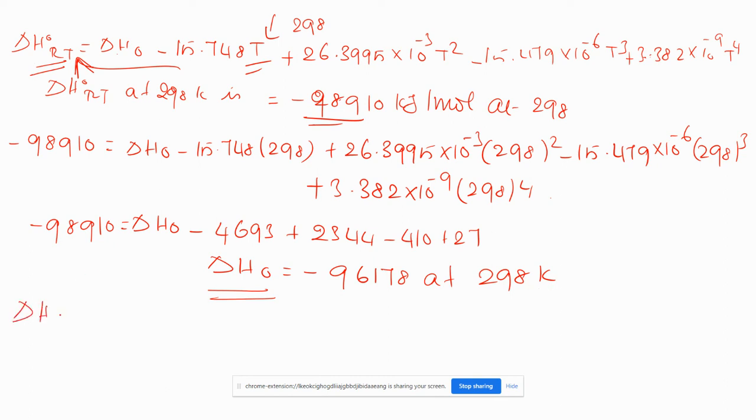Now we have to find the standard heat of reaction at 773 Kelvin. This del H0 always will be at standard condition only.